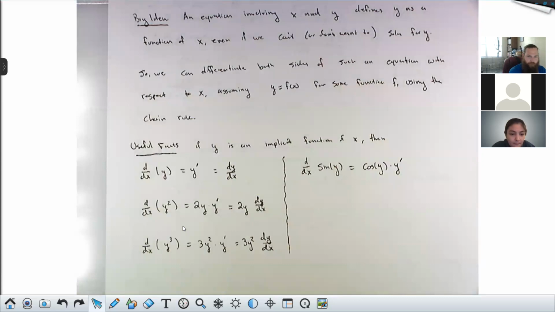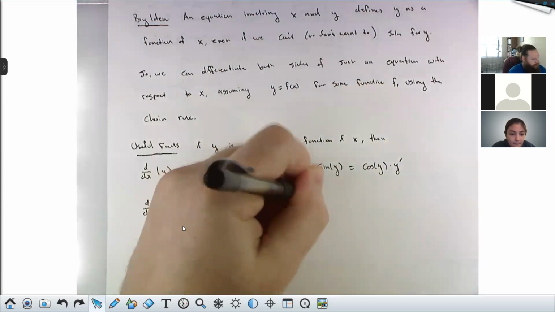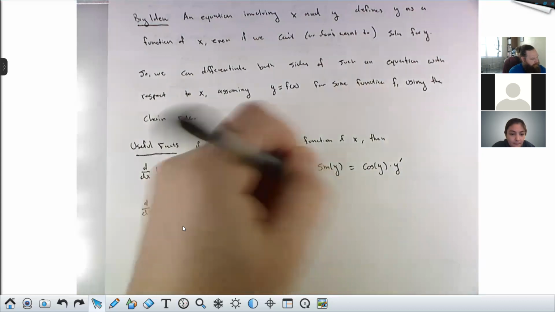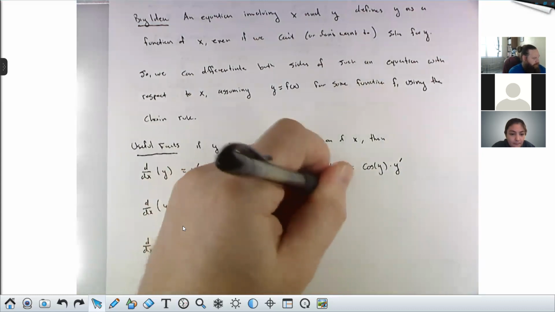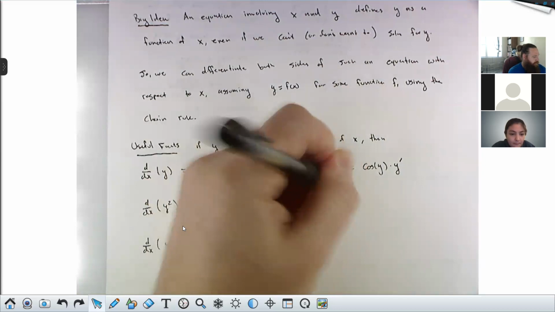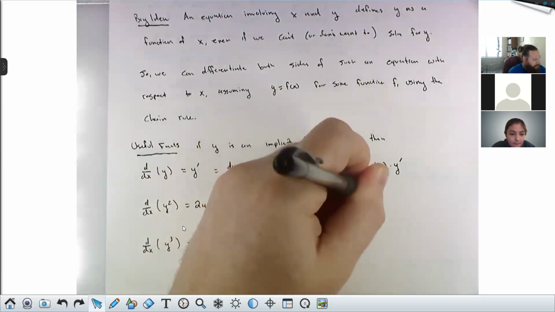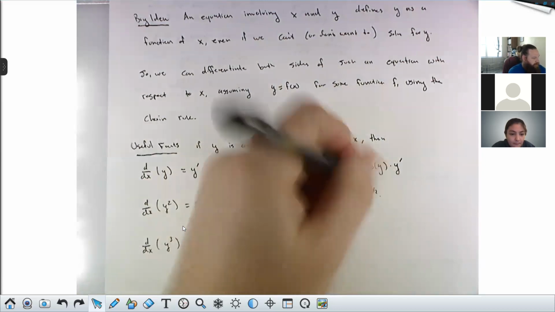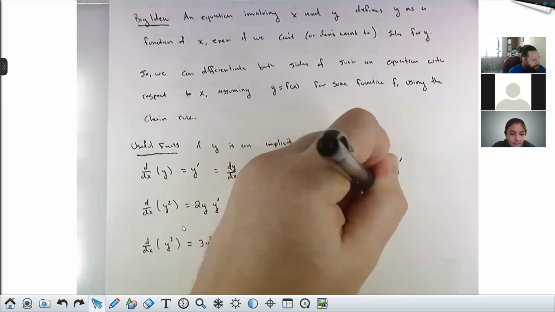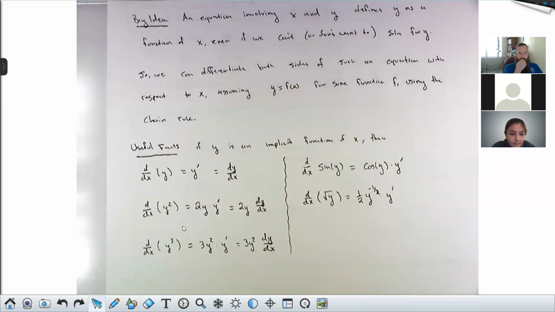Right, you get the idea. d dx of the square root of y. I treat that as a 1/2 power, so that would be 1/2 y to the negative 1/2 times y prime. Are we getting the feel?